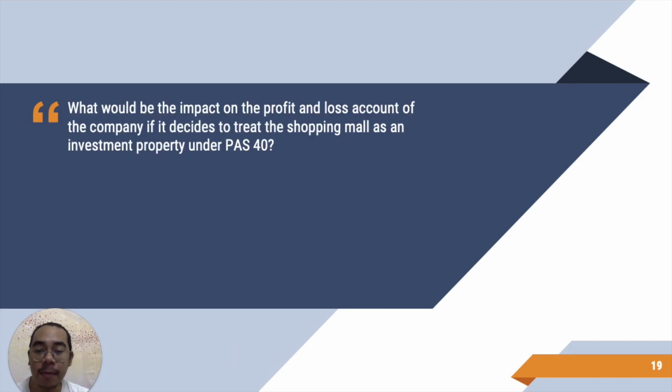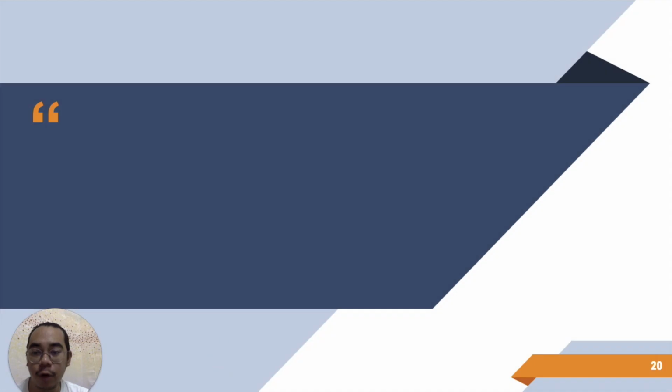What would be the impact on the profit or loss account if the company decides to treat the shopping mall as an investment property under PAS 40? Letter A, using the fair value model, and letter B, using the cost model. So let's start with the fair value model.